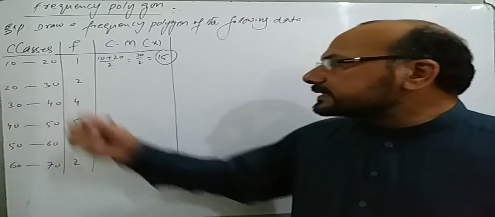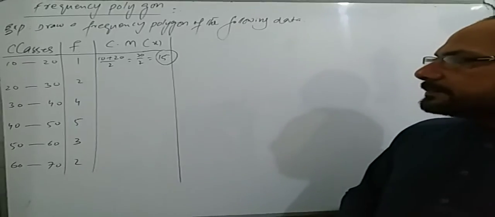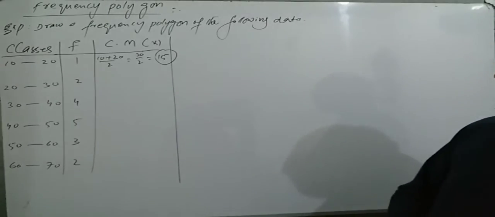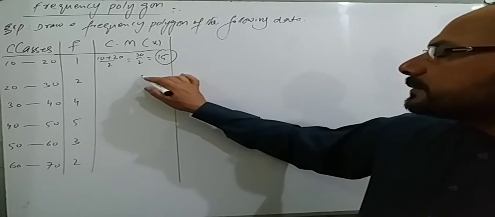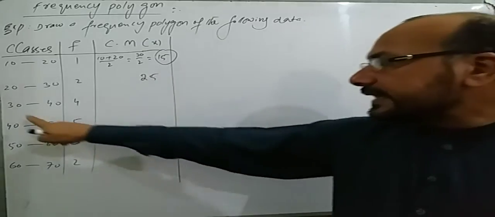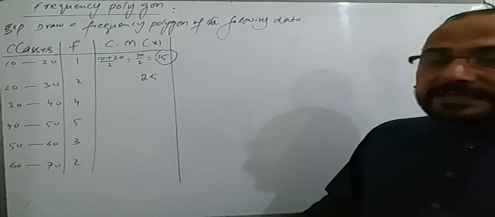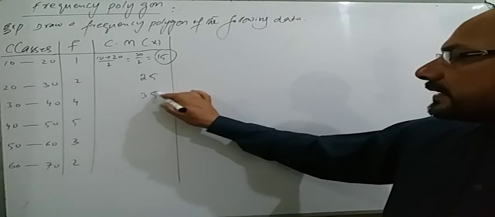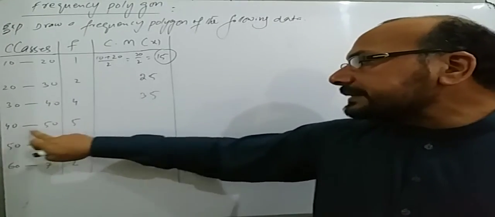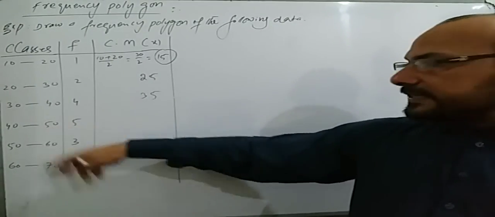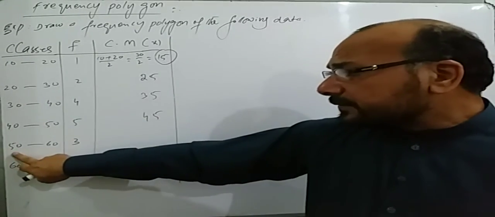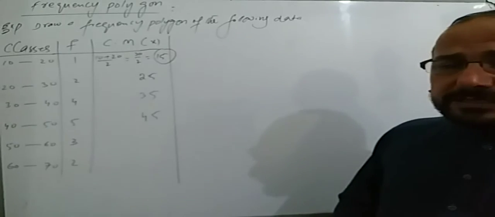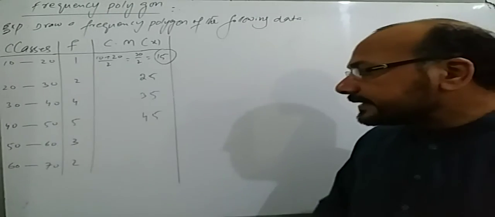Now 20 plus 30 is 50, 50 divided by 2 is 25. Then 30 plus 40 is 70, 70 divided by 2 is 35. Then 40 plus 50 is 90, 90 divided by 2 is 45. 50 plus 60 is 110, 110 divided by 2 is 55.